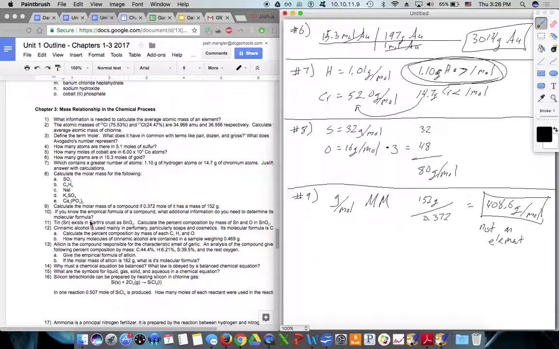Number 10, in order to figure out the empirical formula and molecular, or what do you need to determine the molecular formula? You need the molecular mass.